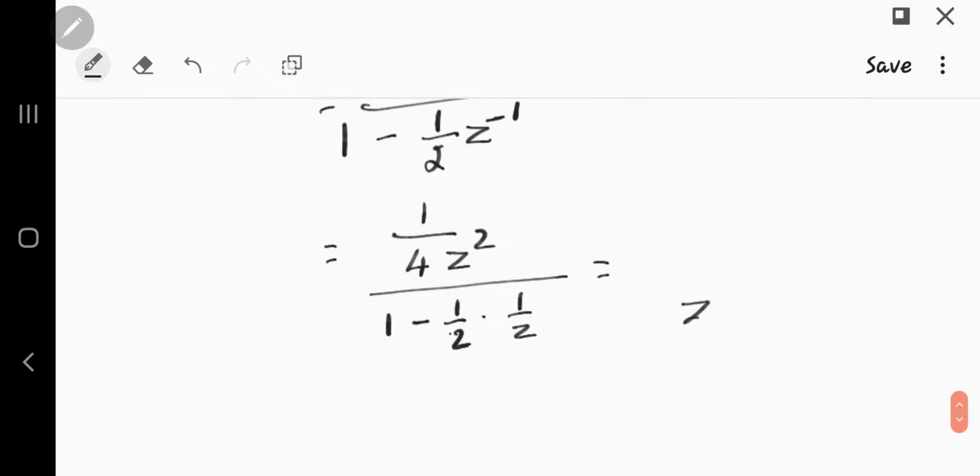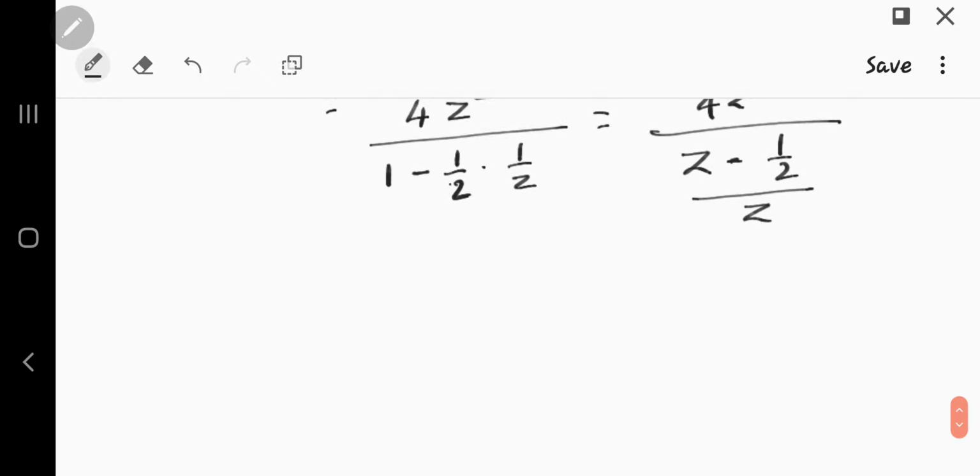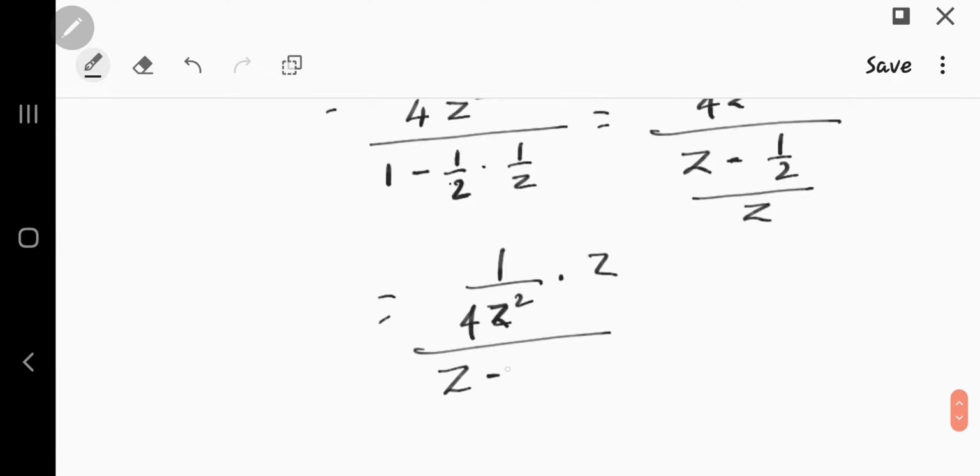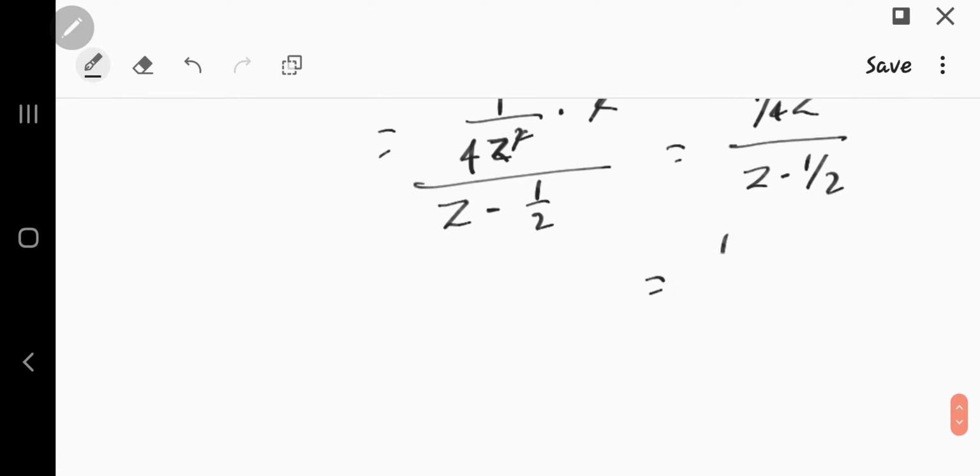So, if you take this, you will get z minus 1 by 2 whole divided by z, and in the numerator 1 by 4 z square. So, if you simplify this, 1 by 4 z square into z divided by z minus 1 by 2, these two get cancelled. So, we'll remain with 1 by 4z divided by z minus 1 by 2, or you can write it like 1 by 4z into z minus 1 by 2, because we have to locate poles and zeros.